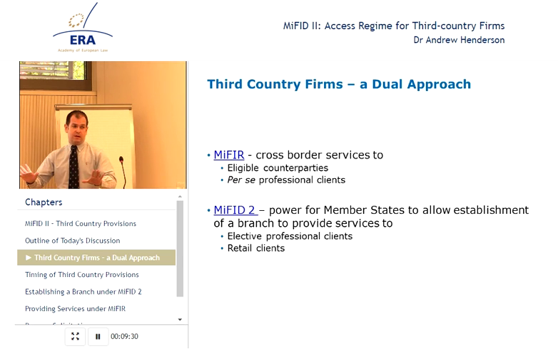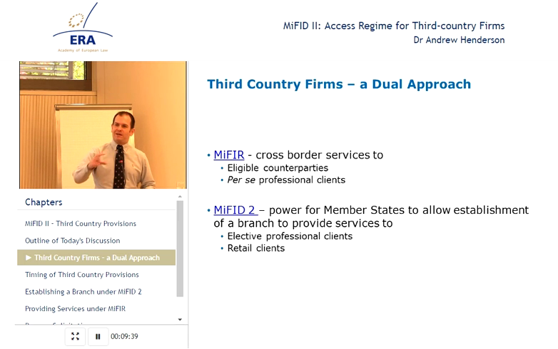No exception, and that branch would be subject to the MiFID II requirements. That requirement has been removed, but instead what you have is almost a type of voluntary regime, which I'm going to come on to talk a bit about.